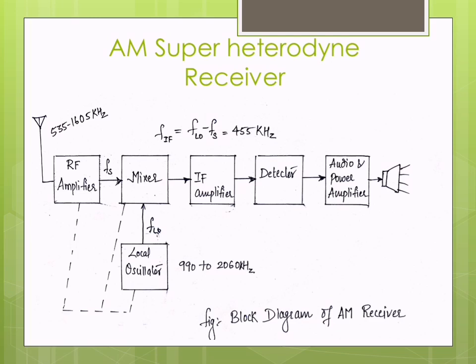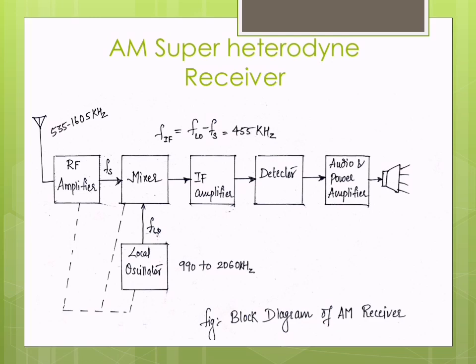The mixer will generate a frequency called the intermediate frequency, which is the difference FLO minus FS. That intermediate frequency is given to the IF amplifier, then to the detector. Detector is none other than the demodulator section, then the audio and power amplifier, then the loudspeaker.